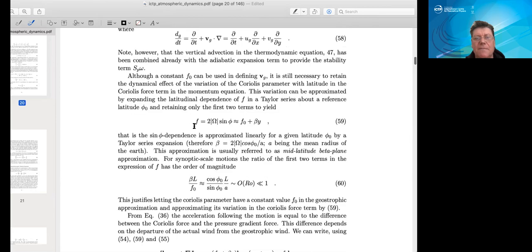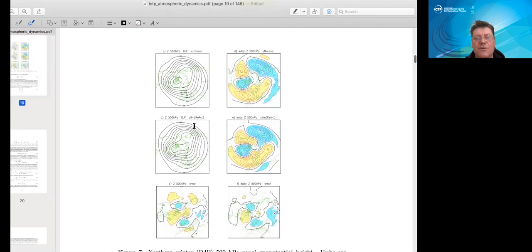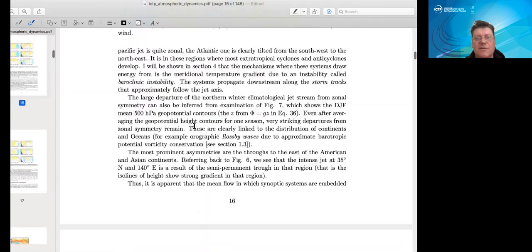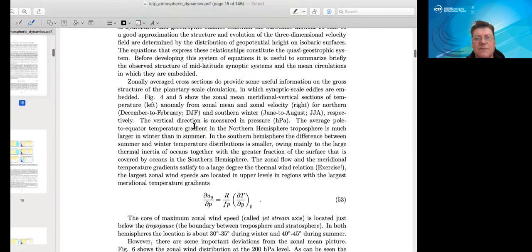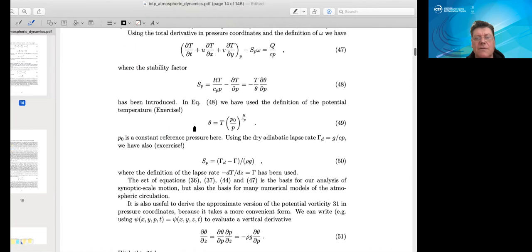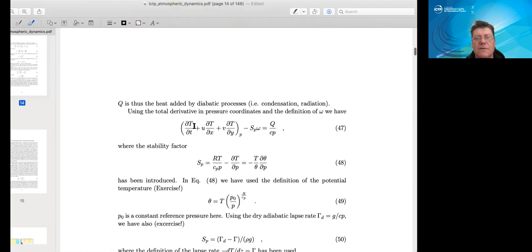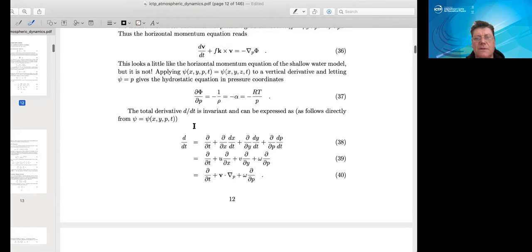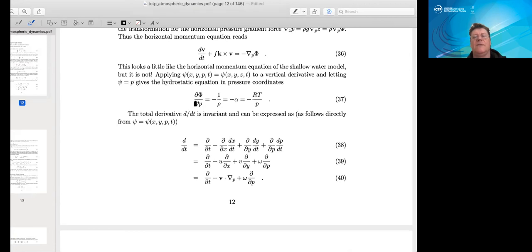It's quite clear. Now we just have to use the hydrostatic equation, where we have inserted, where is it? This equation here. This is the hydrostatic equation in pressure coordinates.